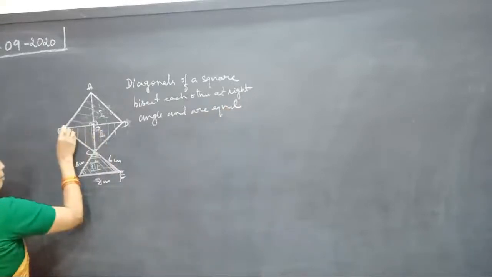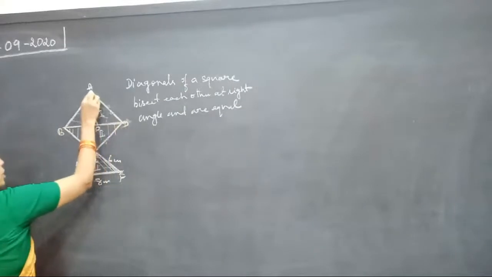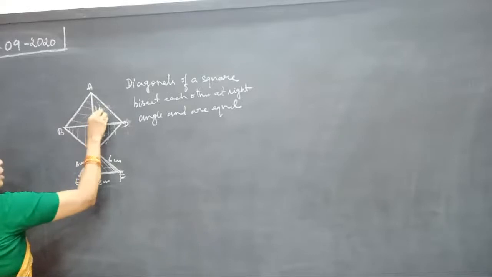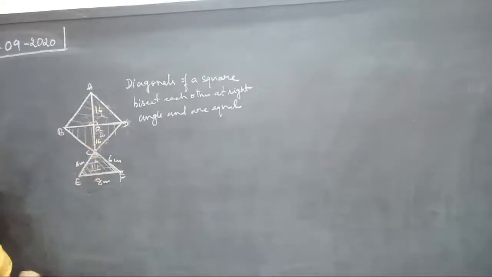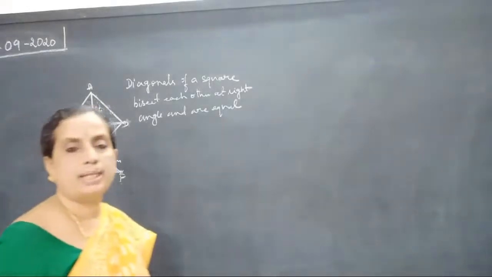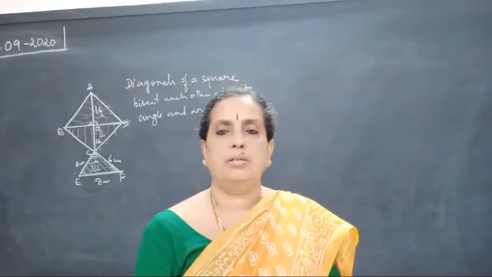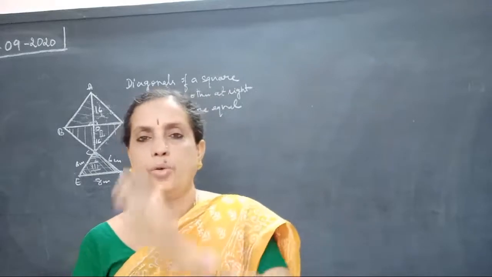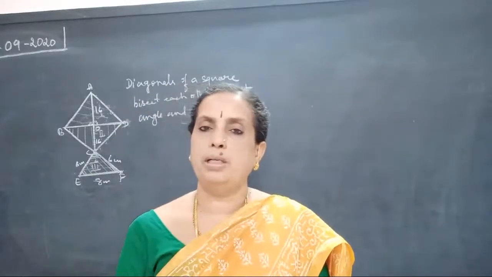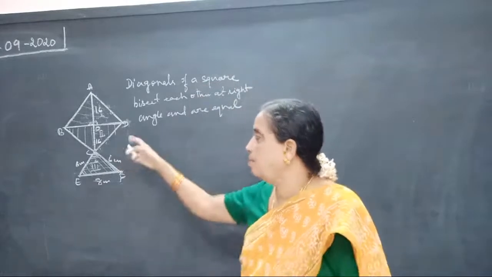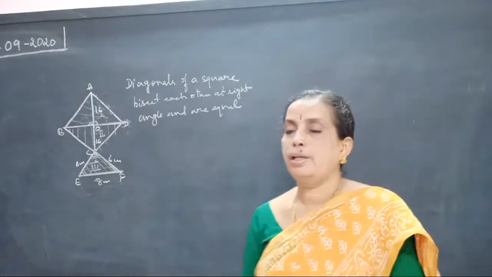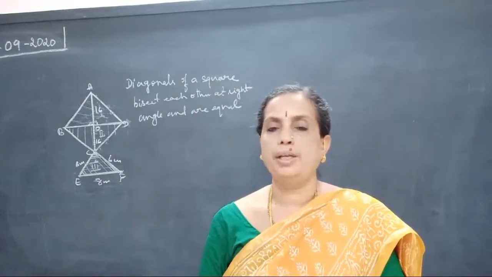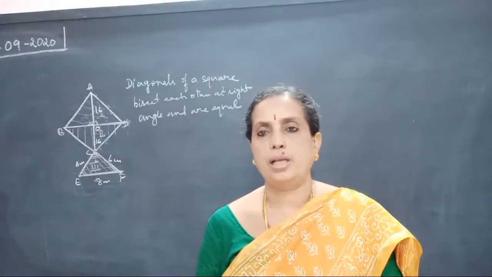So the diagonal they mentioned 32. So this diagonal is also 32. When it bisects, it becomes 16. This is 16. Is it clear? 16, half into base 32, height 16, one part. Same measurement for the second part. Last part is, we have to use Heron's formula to calculate the area of the base isosceles triangle.